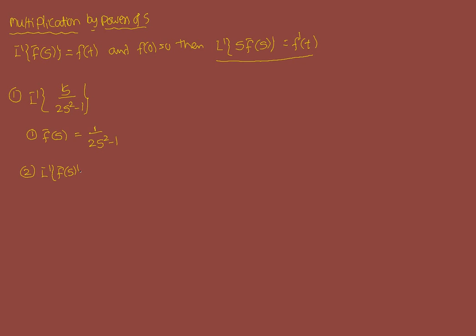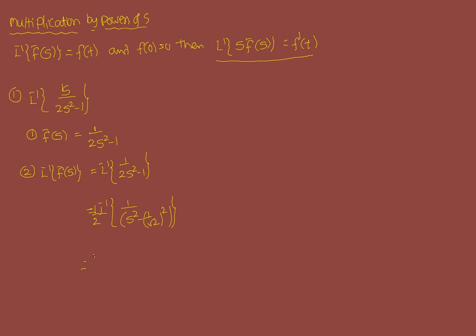So L inverse of f bar of s is equal to L inverse of 1 by 2s square minus 1. That is nothing but equal to L inverse of, you take 2 as common, therefore 1 by 2 into 1 by s square minus 1 by root 2 whole square.